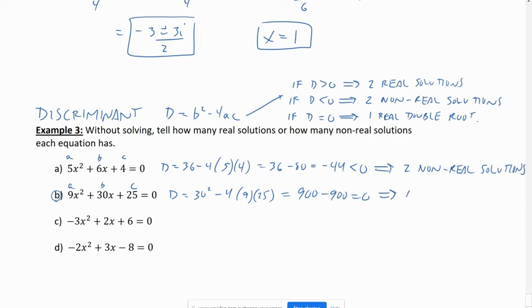So that tells us there is 1 real solution. Now go ahead and try problems C and D. Use the discriminant to describe how many real or non-real solutions each equation has.